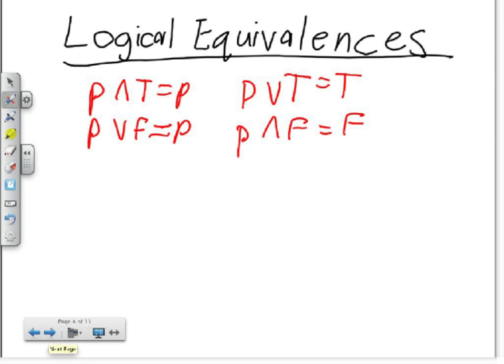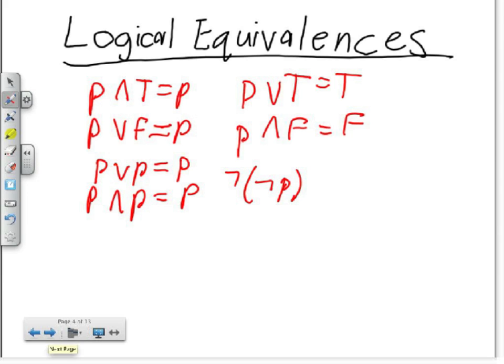There's idempotent laws, which is P or P is equal to P, and P and P is equal to P as well. We have a double negation law, which is not not P is equal to P.